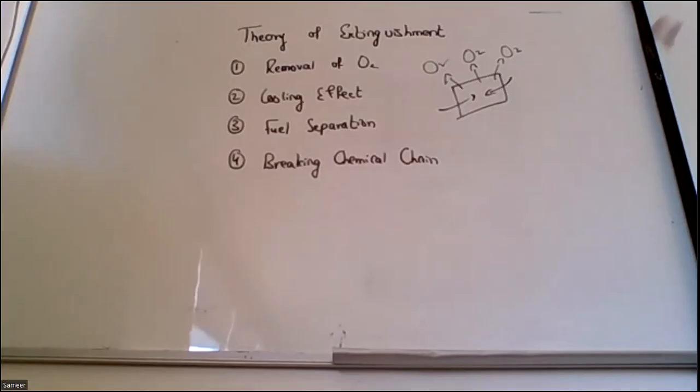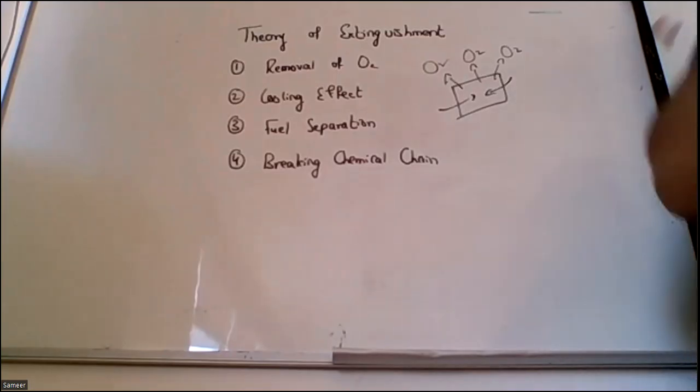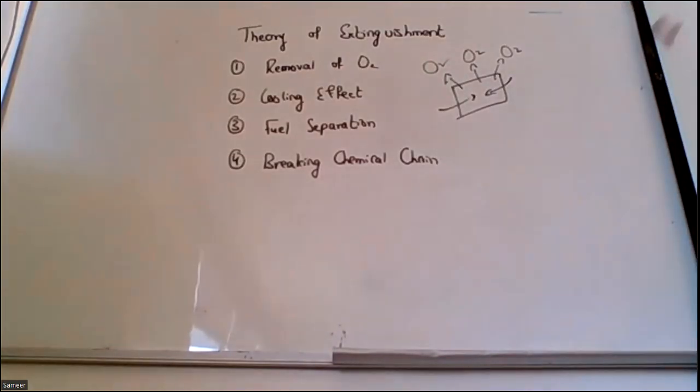Most of the time when we are using dry chemical powders on certain materials, you will see that after we remove the dry chemical powder, moisture and water accumulation is there. It's completely wet. Why? Because it has converted the oxygen and started the formation of water molecules. So that is the breaking of the chemical chain reaction.